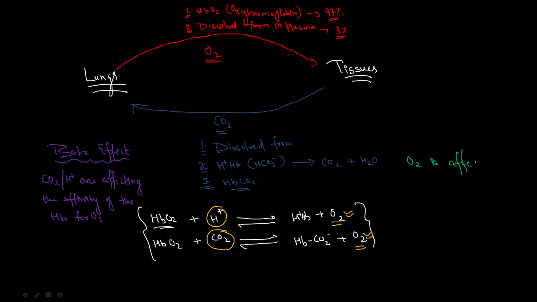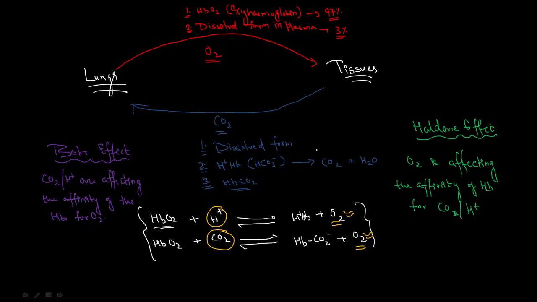So oxygen is affecting the affinity of hemoglobin for carbon dioxide and protons, and this thing is known as Haldane effect. So we will use it and I'll make you understand what is actually happening.